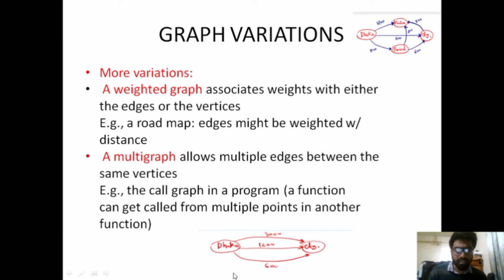So we can see that there are multiple edges between the same vertices. So we can call it a multiple graph because we find some multiple edges between the same vertices.